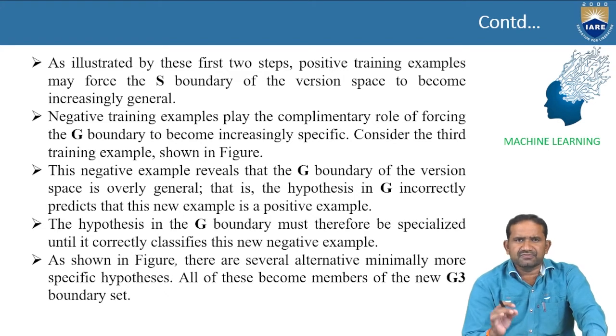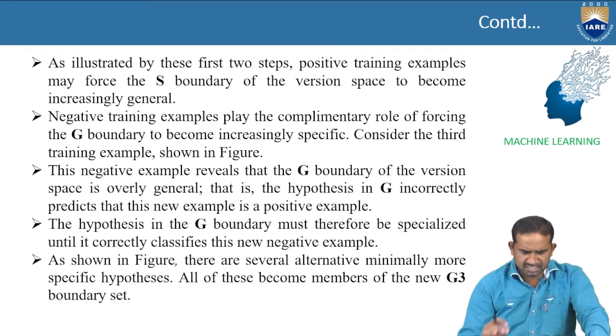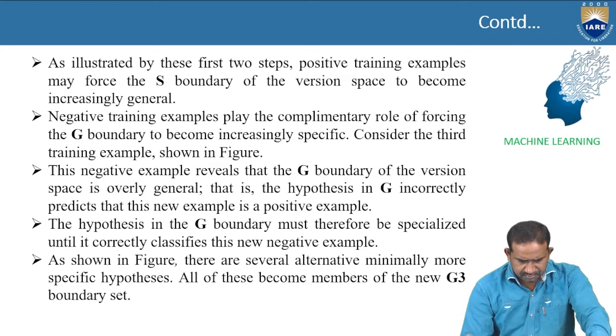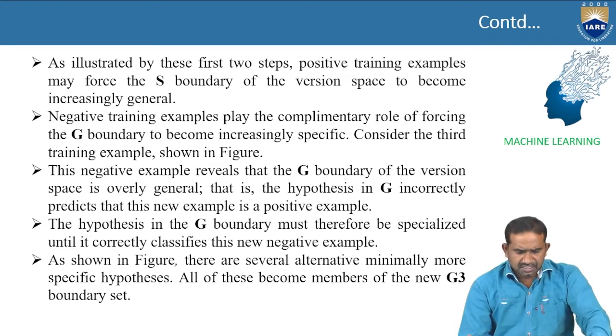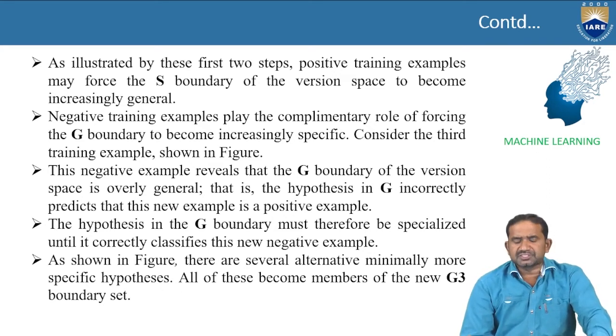But whenever a negative example comes, the general hypothesis changes, because it starts from the generalization. The general boundary G must be specialized until it correctly classifies the new negative example. As shown in the figure, several alternative, minimally more specific hypotheses all become members of the new G3 boundary set.